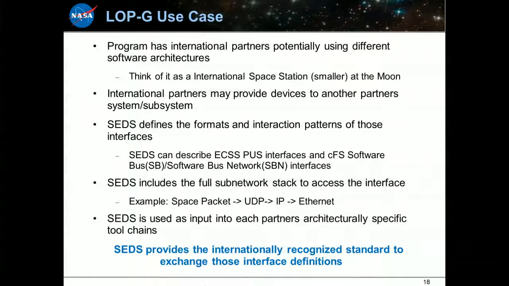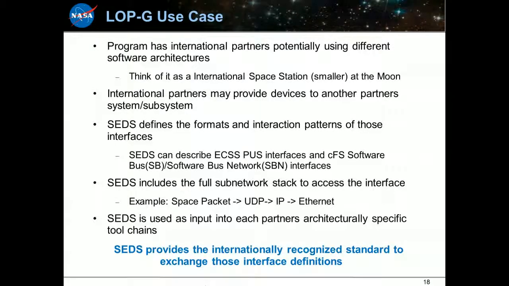So this is a space packet, it's using UDP, and things like what port number it's using are included in the data sheet. It's IP, and it's going over Ethernet. The data sheet actually defines the entire stack all the way down. So when they hand it to somebody else, they know, hey, I need to use Ethernet, and I need to use IP, and here's what the format of that packet looks like. Again, this is why it's different than XTCE.